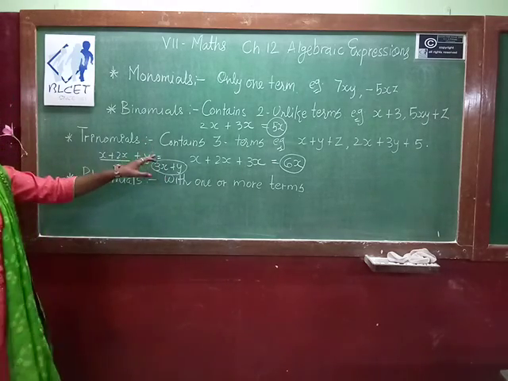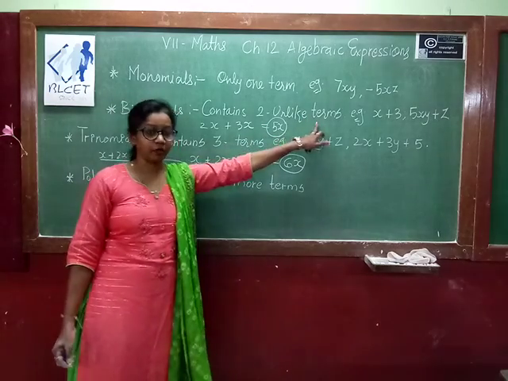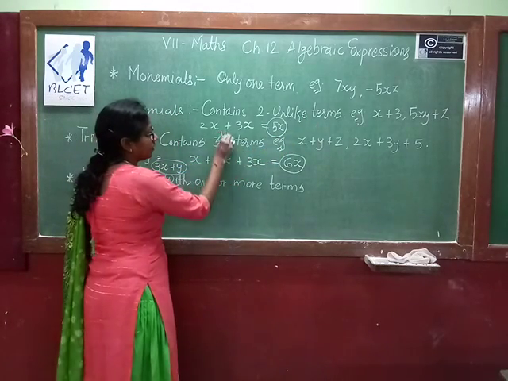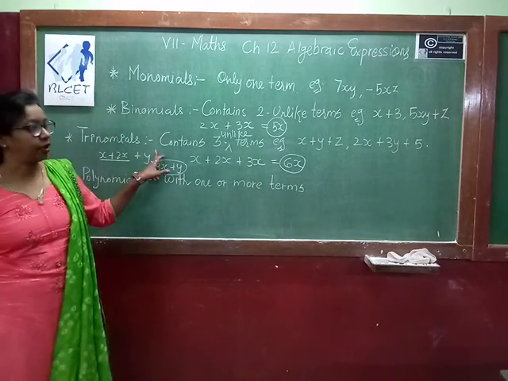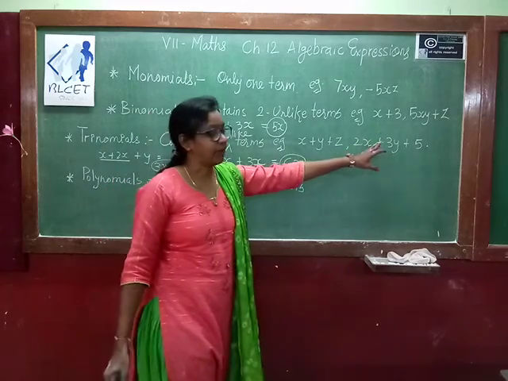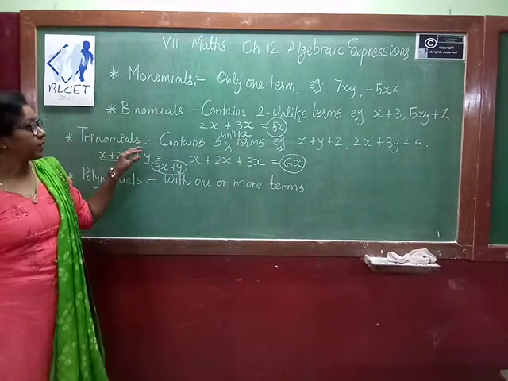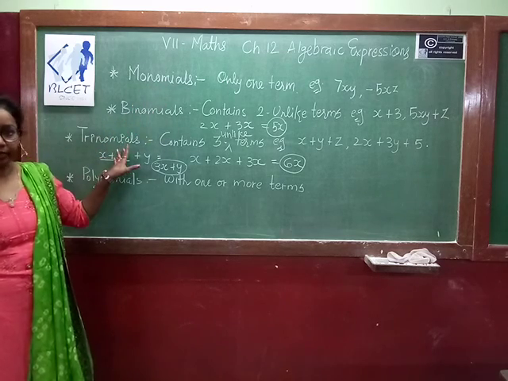So that's why everywhere we have to mention that two unlike terms make a binomial, and three unlike terms make a trinomial. That is x plus y plus z, 2x plus 3y plus 5, 10pq plus q plus r. So this way you can identify monomial, binomial and trinomial.